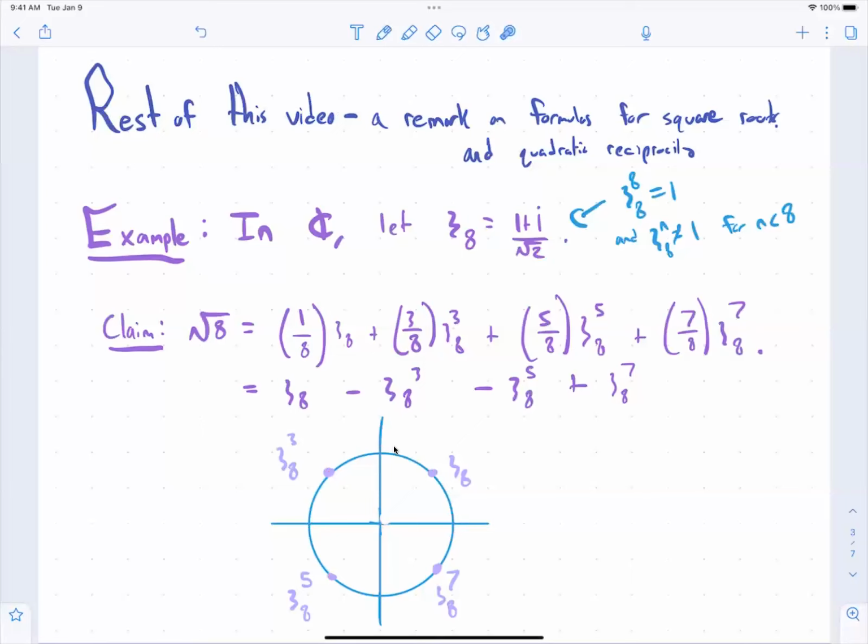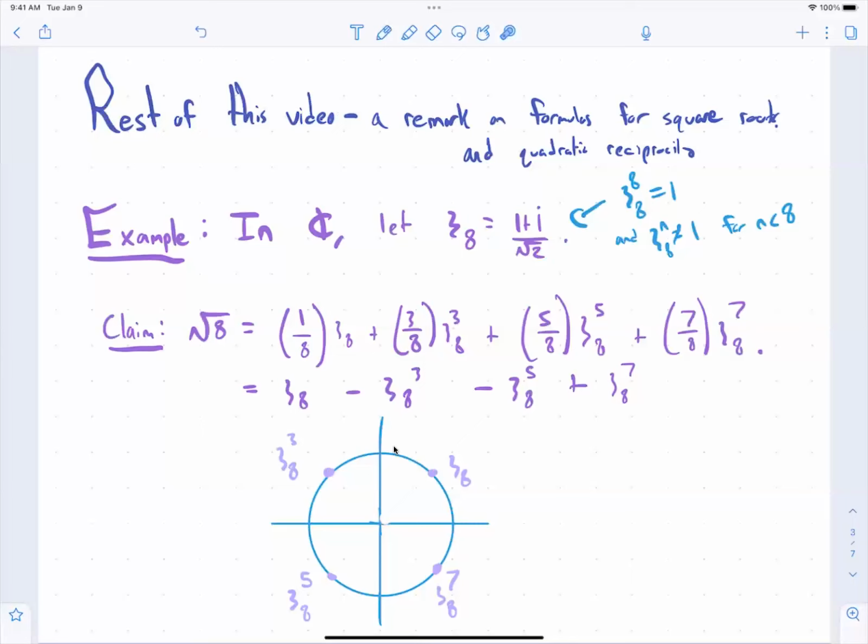Good. That's the key property. Such a number is called a primitive eighth root of unity. In general, a primitive nth root of unity is a number whose nth power is 1, and there's no lower power that's 1. They're pretty easy to write down in the complex numbers, like this one.